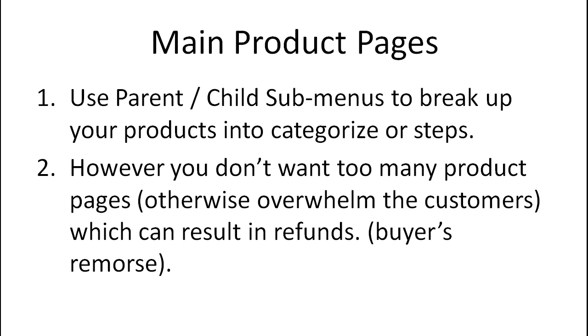Having too long of a page with too many product links can overwhelm your customers, which will result in refunds. But at the same time, too many steps or too many categories can have the same effect. So you want to have that happy medium in the middle somewhere.